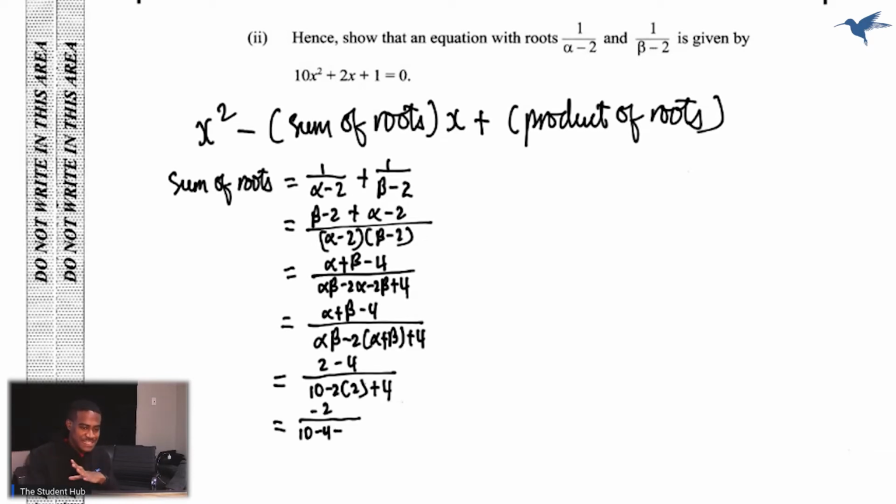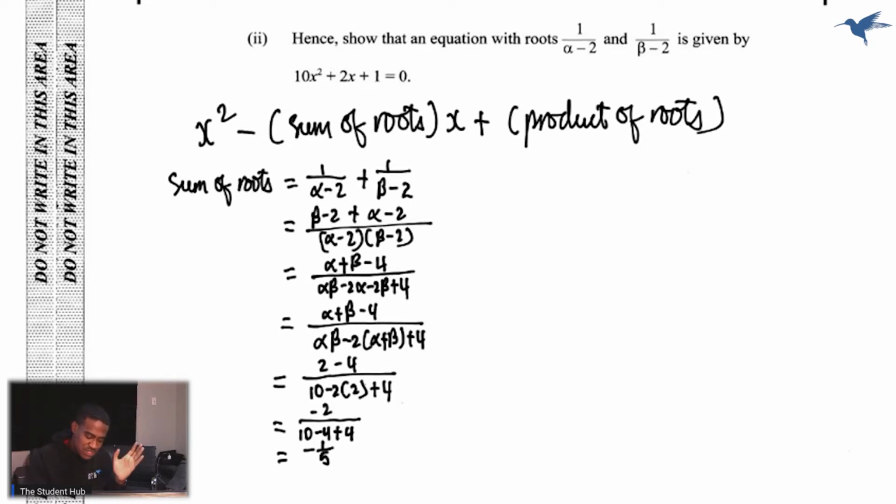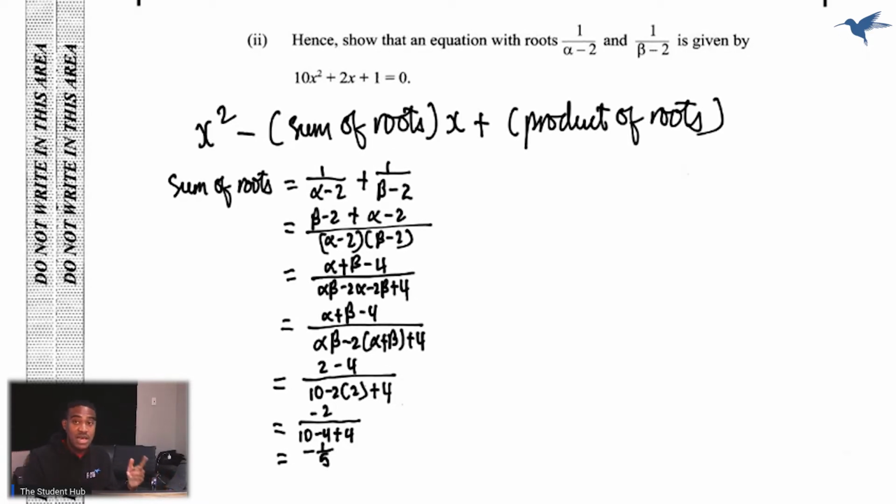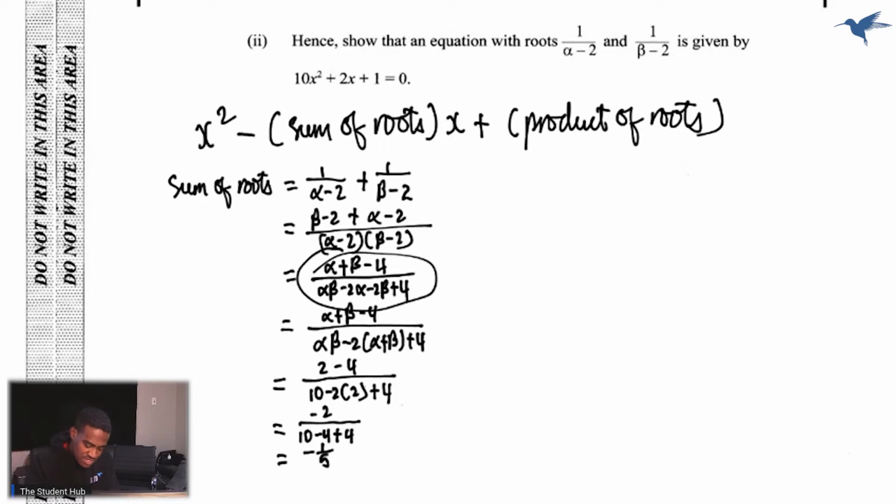Once we get the sum of the roots, we're looking good, and then we look at the product of the roots. For the sum of the roots here, we're basically finding the LCM. Finding the LCM, we would have found alpha plus beta. You would notice alpha plus beta coming to the forefront when you find the LCM, and also alpha by beta coming to the forefront.